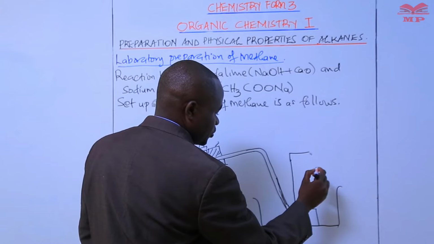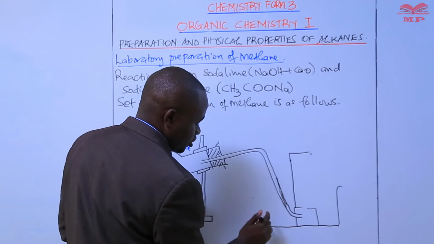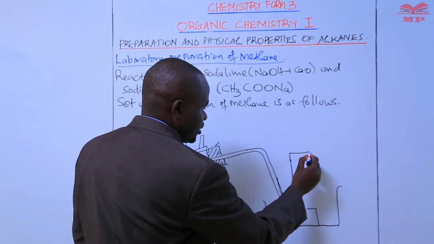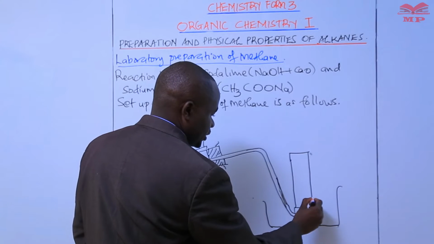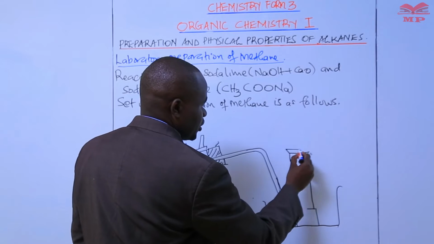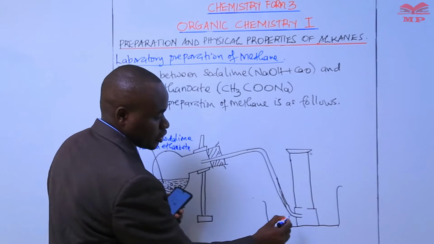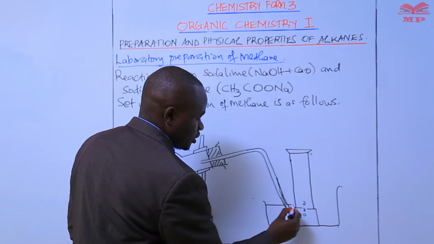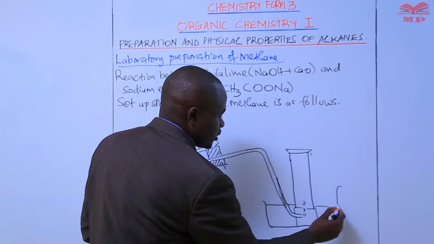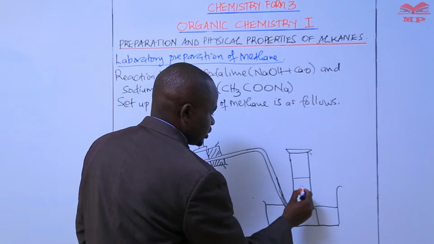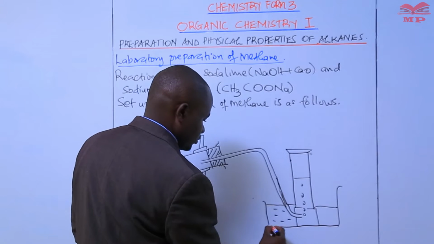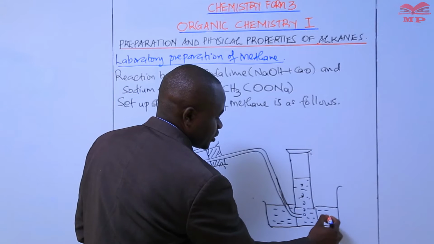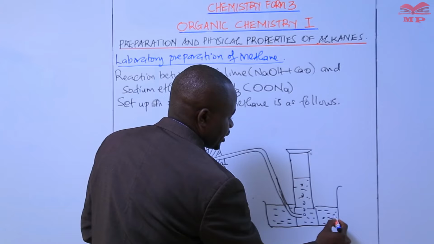So already you should be able to tell one physical property of methane: the gas is slightly soluble in water, and that's why it is collected over water. You can see this method of collection, we call it over water. So we have, these are bubbles of the gas. So this is the normal setup that we use in collecting gases.